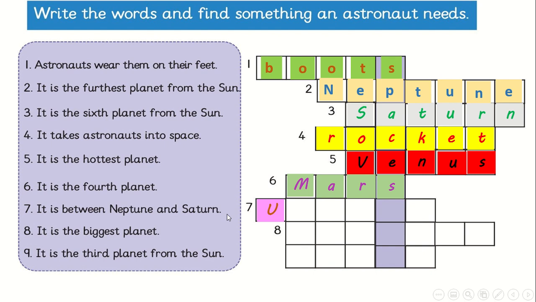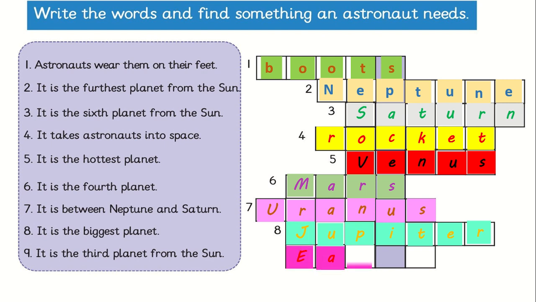Which one? Uranus. Well done. It is the biggest planet. Which one? The biggest planet, my students? Jupiter. Well done. The last question. It is the third planet from the sun. The third planet, it is our planet, teacher. It is Earth. Well done.